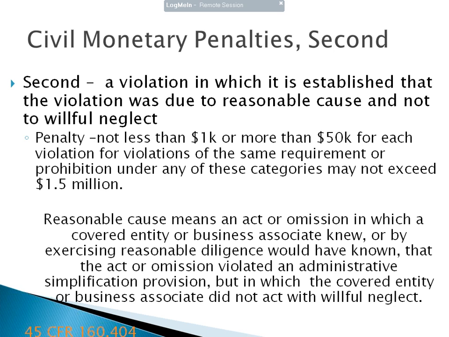Second level violation was due to reasonable cause and not to willful neglect. So this is where an act or omission by the practice in which a covered entity knew or would have known that they were violating a provision, but did not act with willful neglect, and we'll get to that. So you knew you did something wrong, and or you really should have known, and you did it anyway, and you're going to be penalized not less than $1,000 or more than $50,000 for each violation.